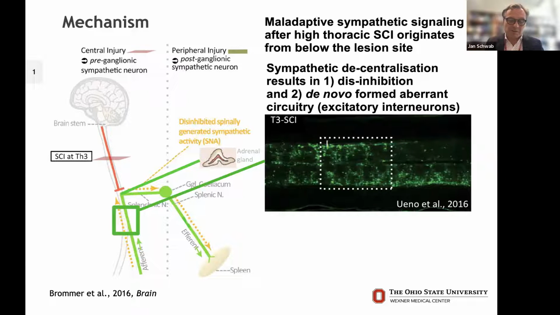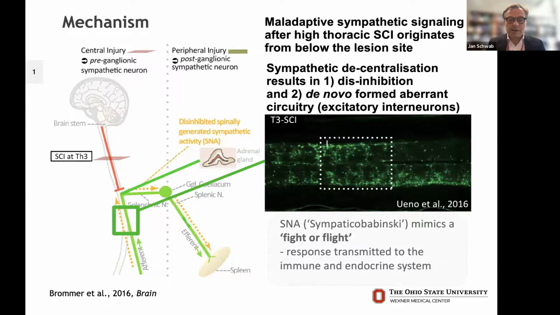We consider that an analogy for the autonomic nervous system, that this sympathetic nerve activity can create aberrant consequences on the endocrine system, but also on the immune system, in a way forming a sympatho-Babinski, which is transmitted towards these respective drivers of homeostasis.